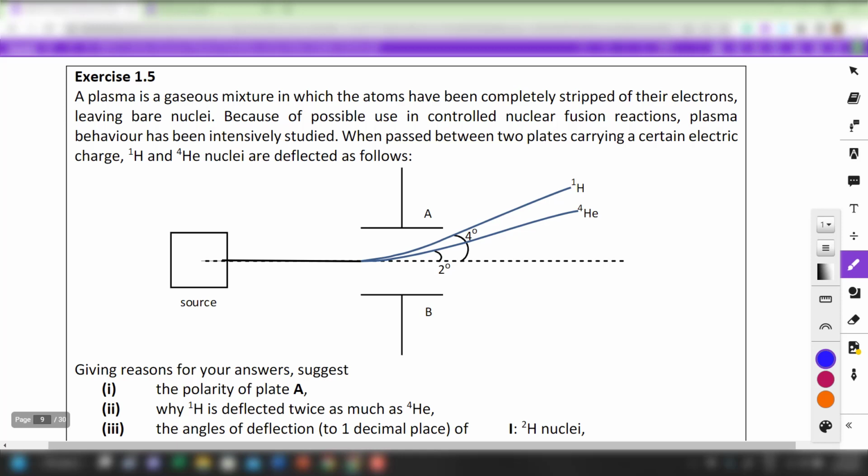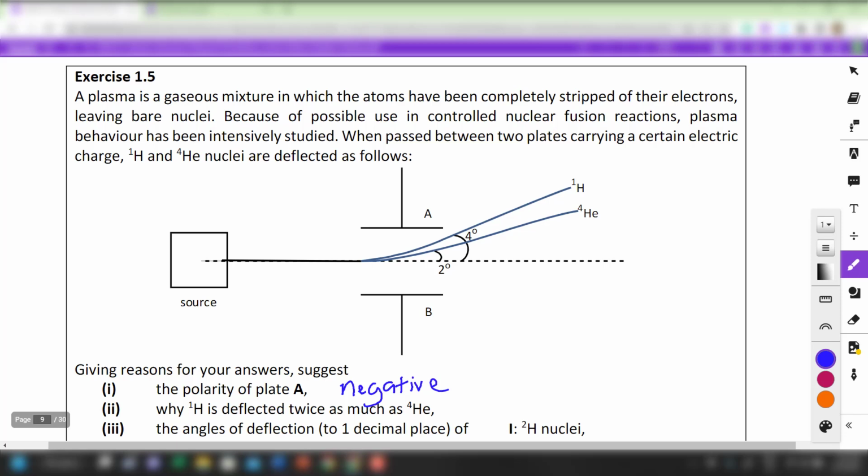Because of that, the polarity of plate A must be negative. Basing on this logic, the atoms have been completely stripped of their electrons, so they are positively charged.